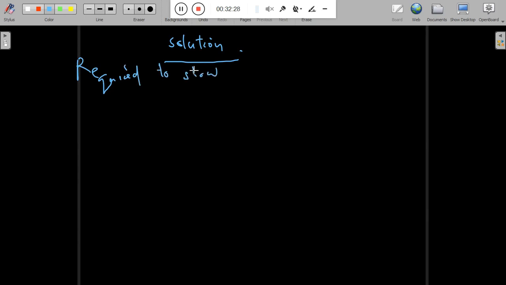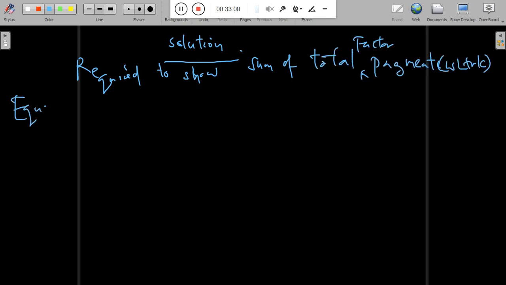As I told you, we are required to show that the sum of the total factor payments WL plus RK is equal to the value of the output.